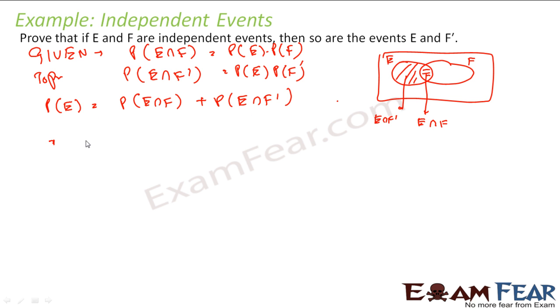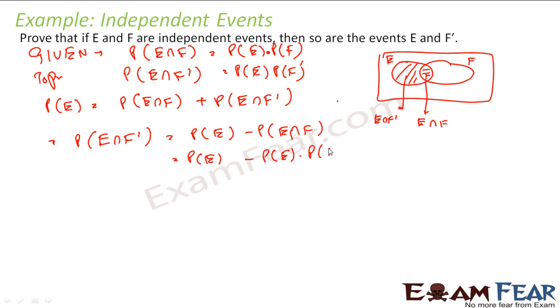We know this formula below. We have to find this guy, so let's get this guy. So probability of E and F dash is nothing but probability of E minus probability of E and F. Now since E and F is nothing but PE into PF, as they are independent, this becomes probability of E minus probability of E into probability of F. If you take PE common, this becomes 1 minus PF.